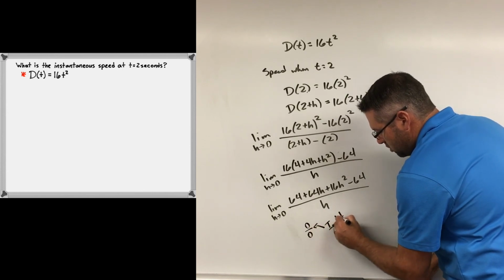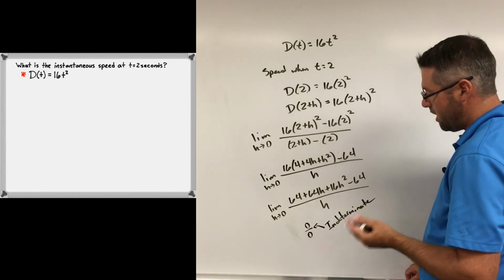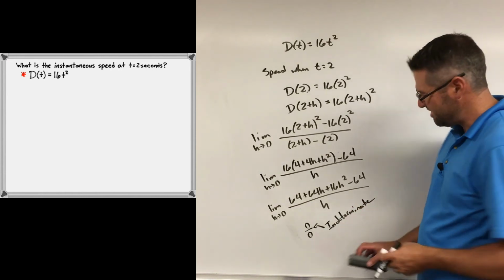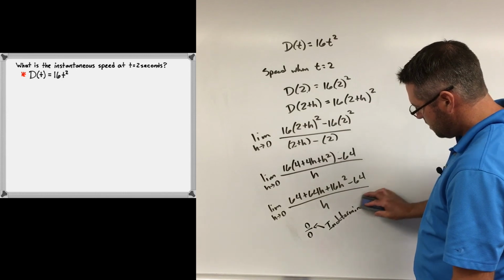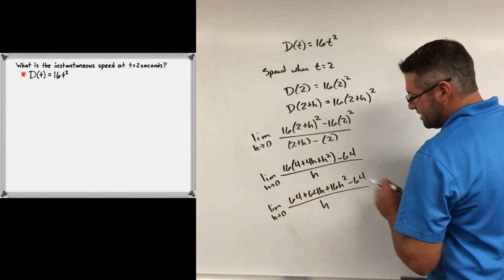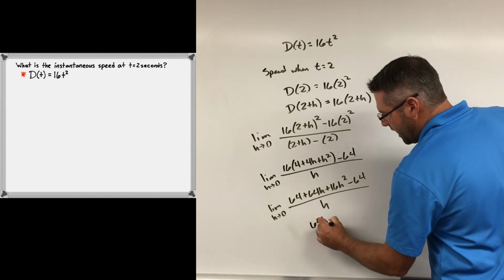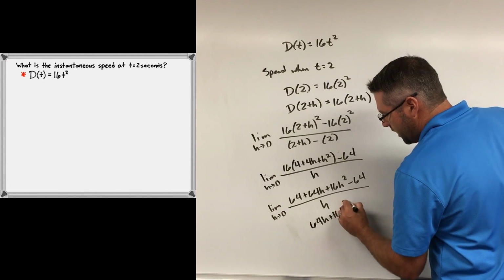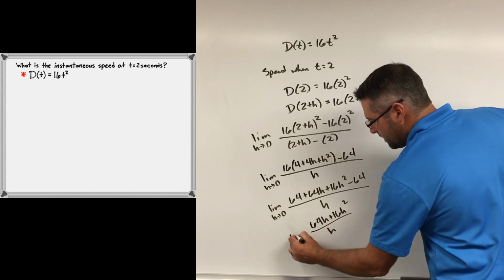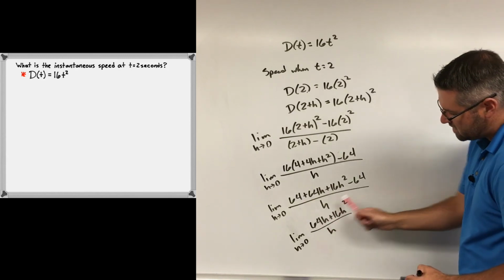Indeterminate. So what do we do when we have an indeterminate form? Well, we try and factor. Well, in this case, factoring is not as apparent. Let's just simplify. 64 minus 64 cancels out. So I'm left with 64h plus 16h squared all over h. And that's the limit as h approaches 0. And then you notice that both of these have an h in there.